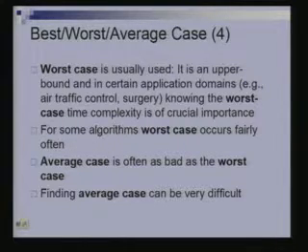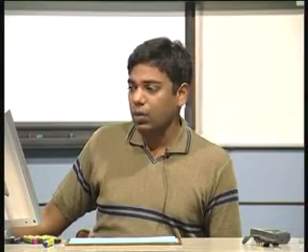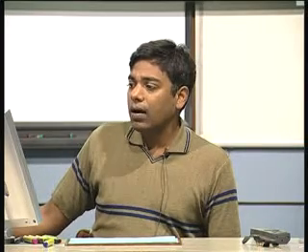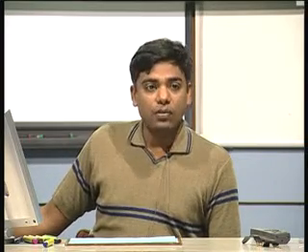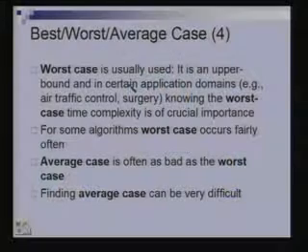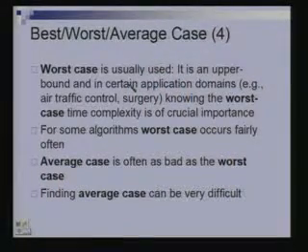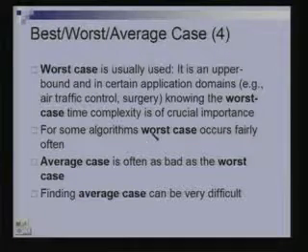So which of these is of interest to us, or which of these is easiest to work with? Worst case is the one that we will use most often, and for the purposes of this course, that's the only measure we will be working with. Why is that? First, it provides an upper bound. It tells you how long your algorithm is going to take in the worst case. Second, for many algorithms it occurs fairly often.